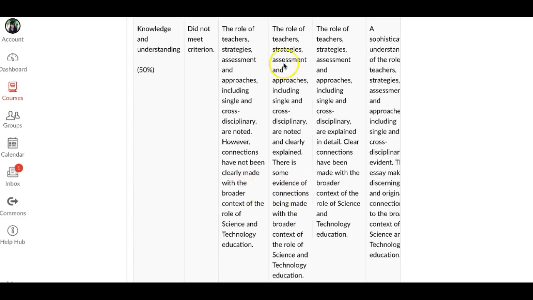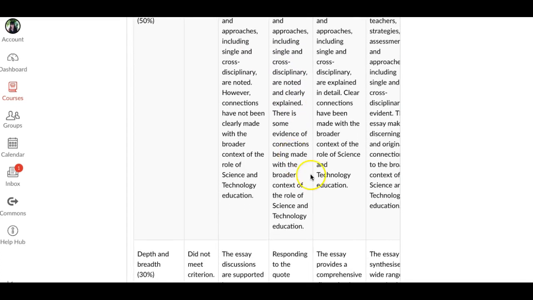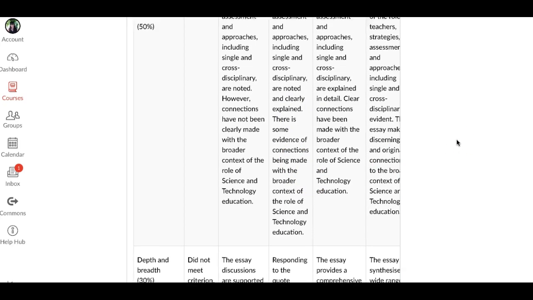So to get a credit, again, you've discussed the role of teachers' strategies and assessment approaches, and definitely include assessment approaches. Why do we assess, and how is it beneficial in the different ways we can assess? Somewhere in your essay, there's evidence of some connections being made with the broader context of the role of science and technology education.